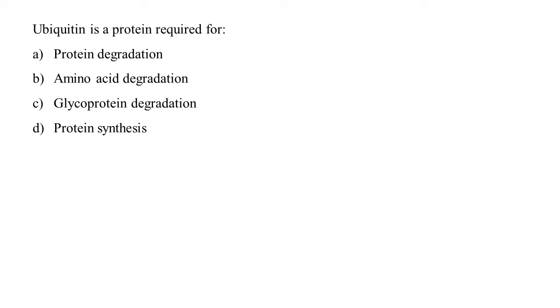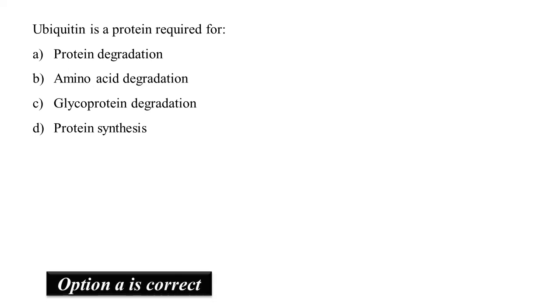Once ubiquitin is bound to any protein, it is destined to be degraded, and hence by selectively marking the proteins for degradation, ubiquitin ensures the correct protein homeostasis in a typical eukaryotic cell. Hence in the present case A has to be the correct answer.